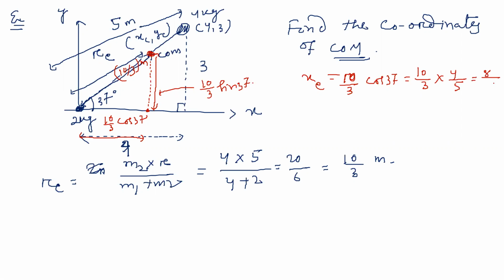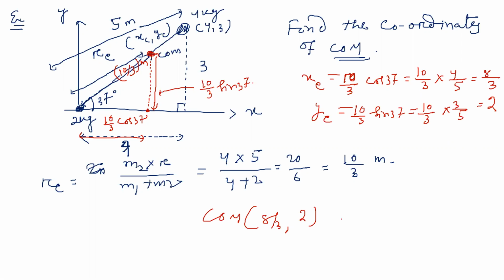Then YC is equal to 10 by 3 sin 37, which is 10 by 3 into 3 by 5, that is 10 by 5, that is 2. The coordinate of the center of mass is 8 by 3, 2. That is the answer.